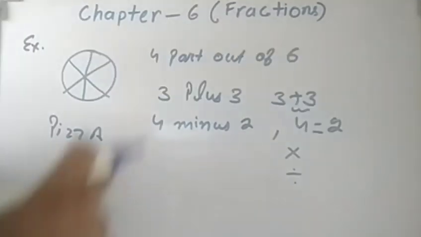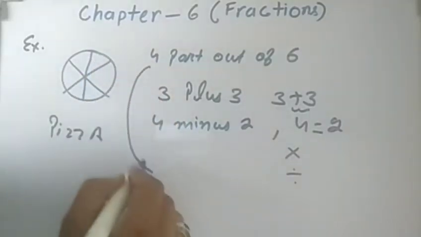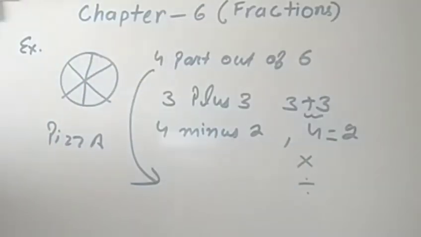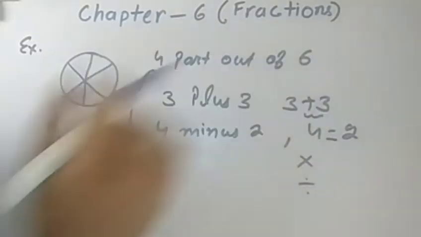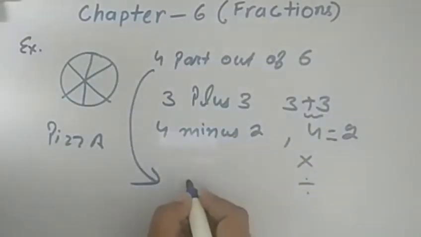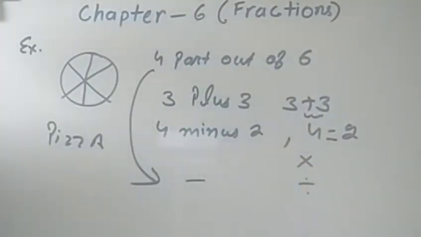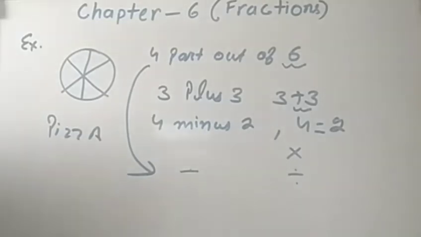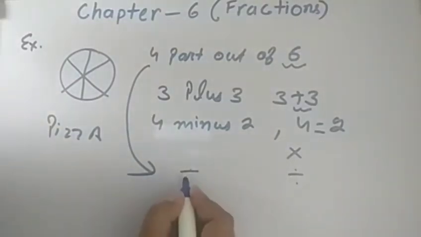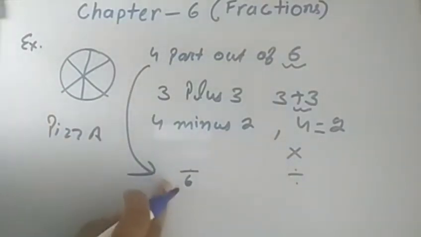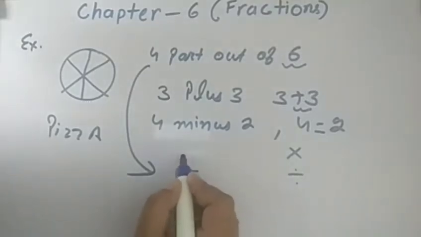Okay, so to represent this thing, there should be a symbol. The symbol is only a line segment. We write a number above this line segment and below this line segment. Below this line, we write the total number of parts, and above this line, we write the number of parts that I ate.